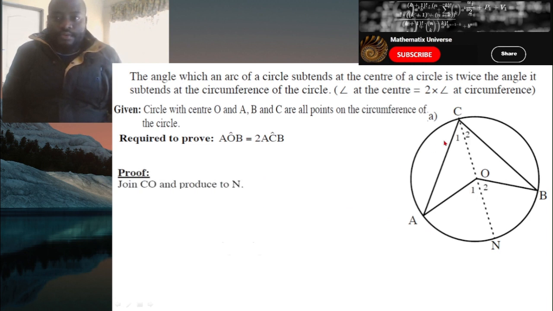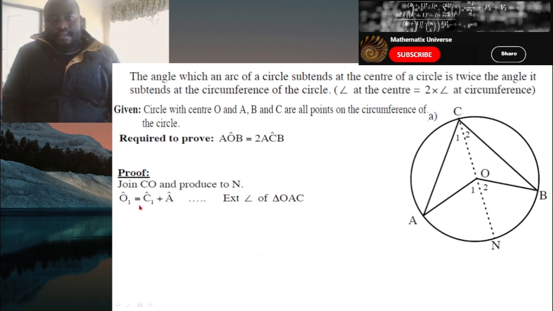Proof. We construct or join CO and produce it to N. Then we label this angle here C1, this one C2, this one O1, and this one O2.